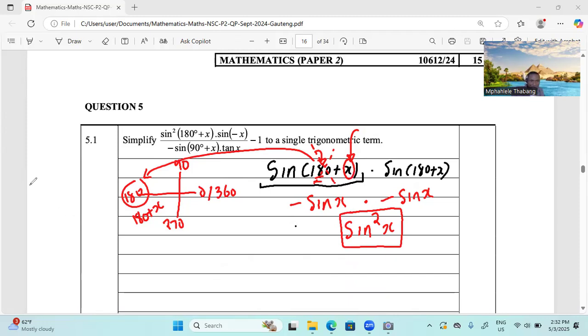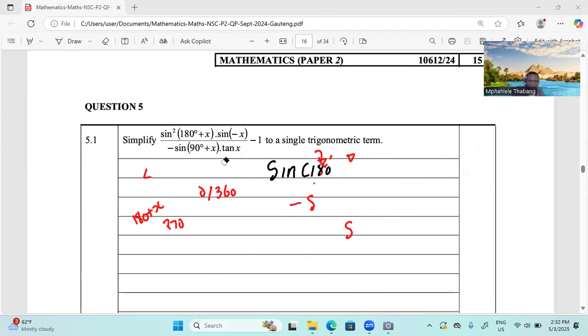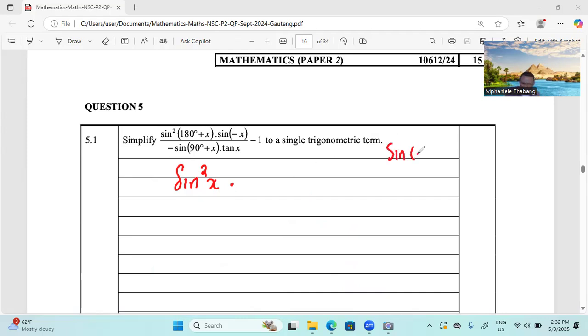So let's write that down. Sine squared(180 plus x) is sine squared x times, now let us solve sine of negative x. There is a simpler way. We are still going to work with reduction formula.